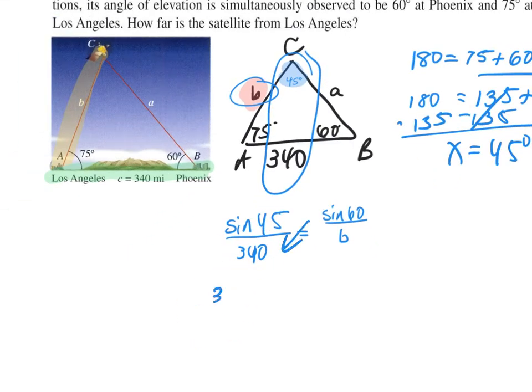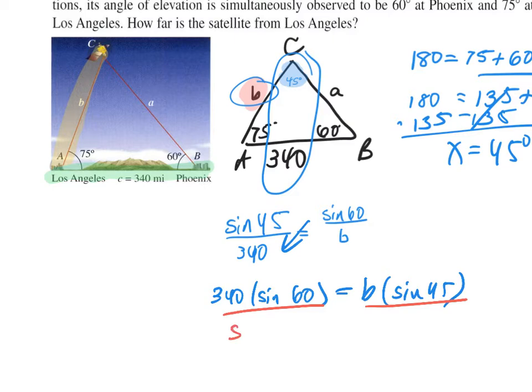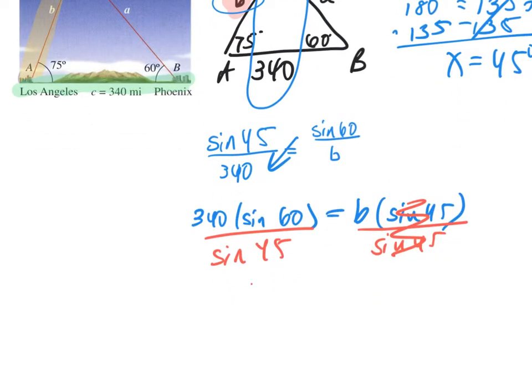So I have 340 times the sine of 60 equals B times the sine of 45. In order to get B by itself, we divide both sides by the sine of 45. Again, make sure your calculator, guys, is in degrees. And I get B equals about 416.4 feet. Or miles, I'm sorry.